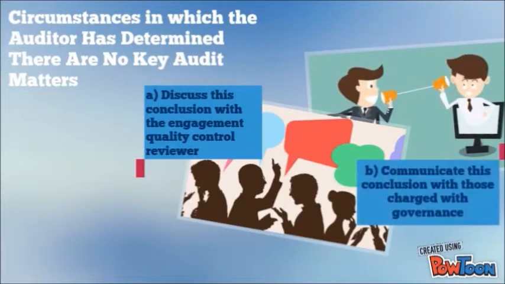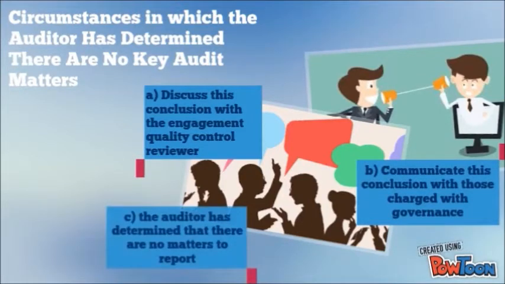Communicate this conclusion with those charged with governance, and explain in the auditor's report that this section of the auditor's report is intended to describe the matters communicated with those charged with governance that the auditor has determined, in the auditor's professional judgment, were of most significance in the audit of the financial statements, and the auditor has determined that there are no matters to report.